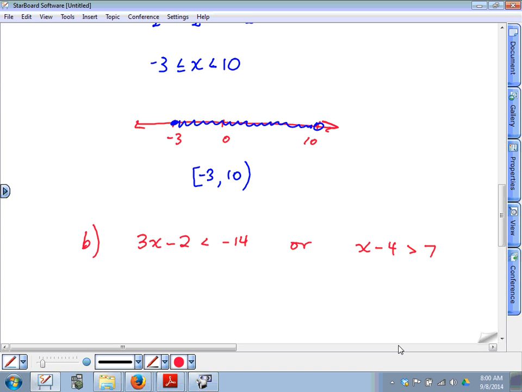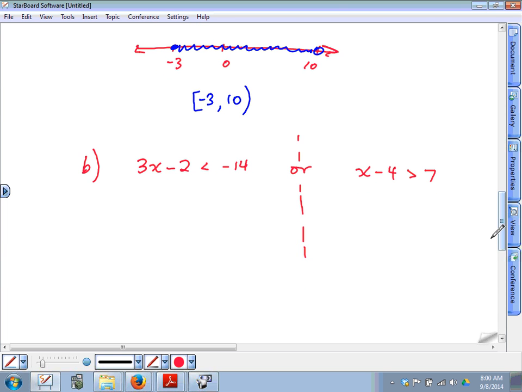If it's not obvious, these are called the OR inequality. These ones you have to solve separately. On the and inequality, you do the same thing to all sides. This one, you have to imagine this word OR is like a big giant barrier. So you're going to solve one inequality separate from the other inequality. You end up with two separate inequalities.